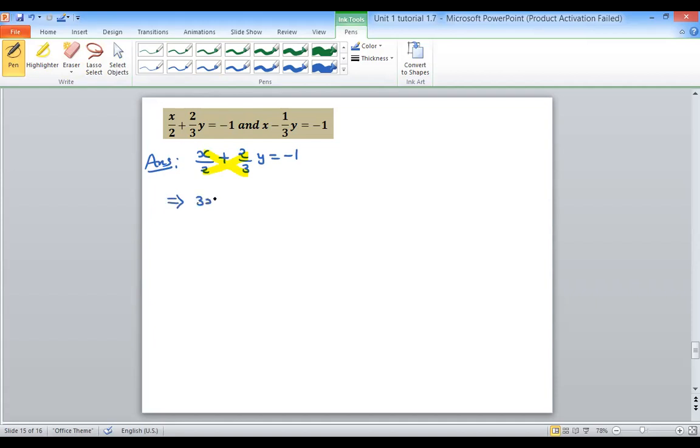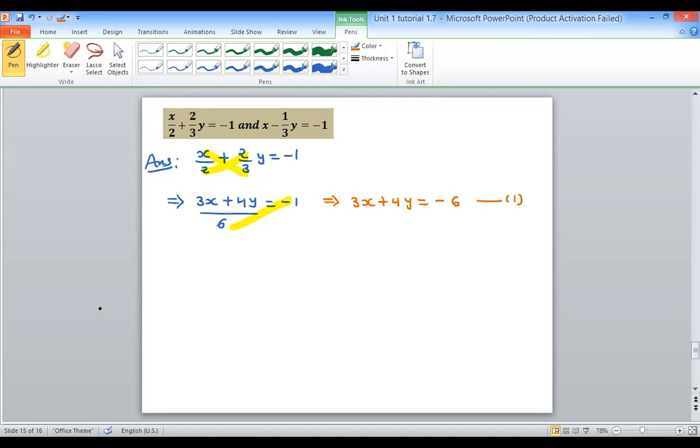This is 3x, 2 into 2, it's 4y, whole divided by 6 is equal to -1. And this 6 is multiplied by here by the cross multiplication. So you get such an equation, 3x plus 4y is equal to -6, say equation number 1.